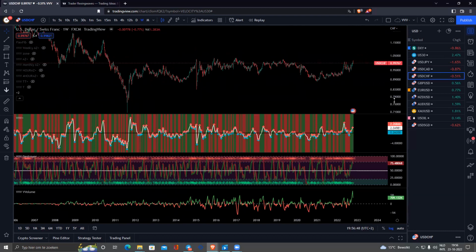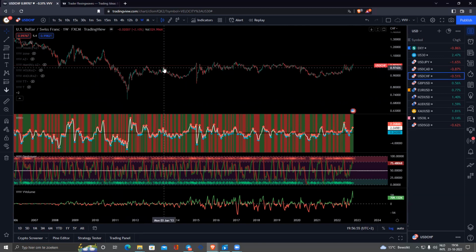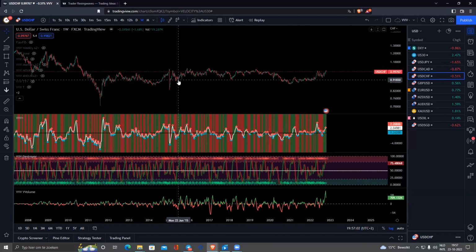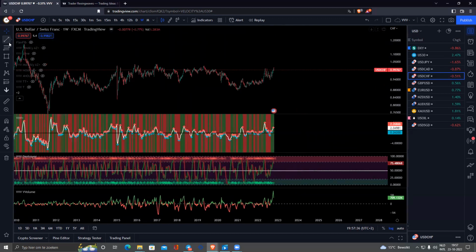Just visually drawing those trend lines. Trend line breaks, going back, and go down. There's also a point, and coming to this point, which makes it interesting.